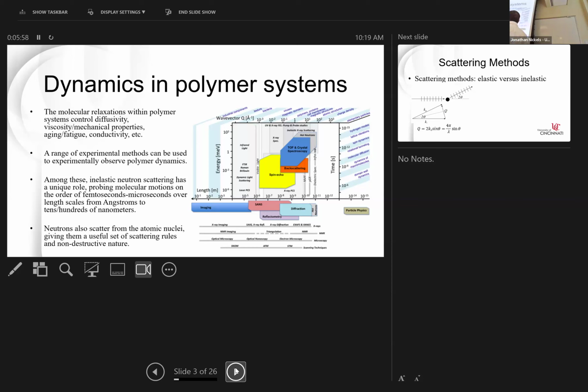The other big thing to take away from this is you see how your structural techniques are sort of a single bar. So SANS or reflectometry or diffraction, and time-based dynamics techniques like vibrational techniques like infrared, Raman, Brillouin, are single lines in time or single lines in space.